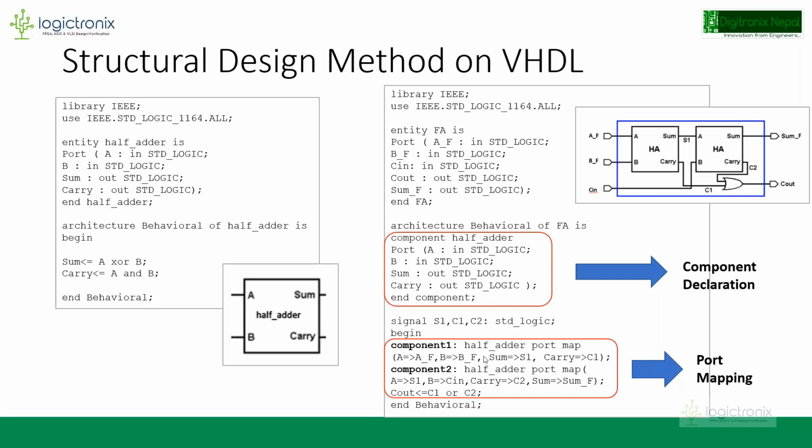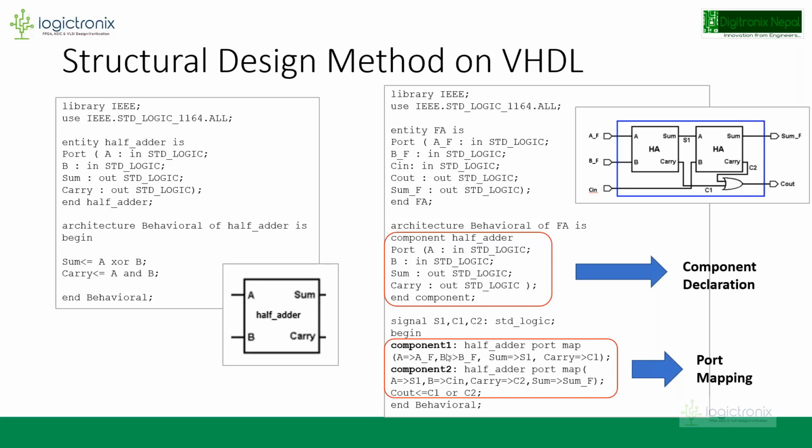So a full adder can be built by using two half adders. The first half adder is instantiated here, and the second half adder is instantiated here. We just have one component of the half adder, and we can utilize the port mapping of the full adder using half adders.